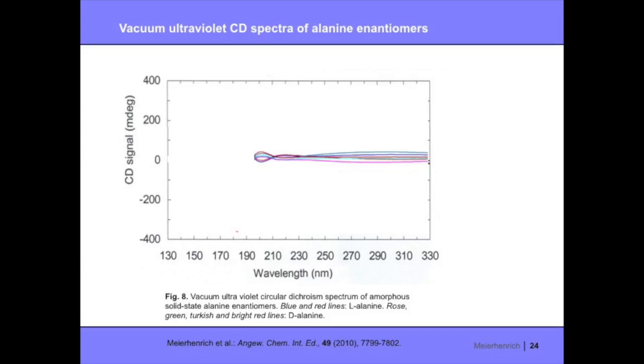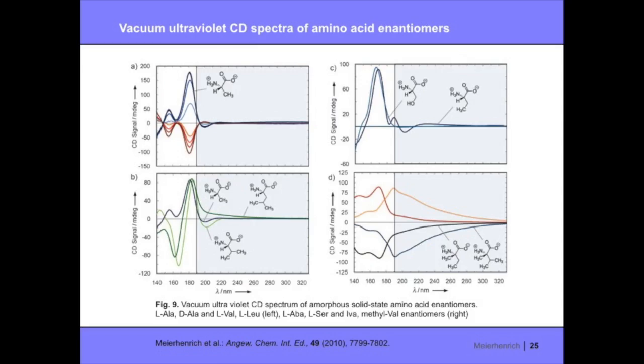And there you see that you have big transitions occurring between 130 and 190 nanometer. So the optical asymmetry of alanine occurs in this region. It was hidden before 2010, occurs between 130 and 190 nanometer. We did this not only for alanine, of course we did this for all amino acids and discovered more or less the same things for the other amino acids as well.